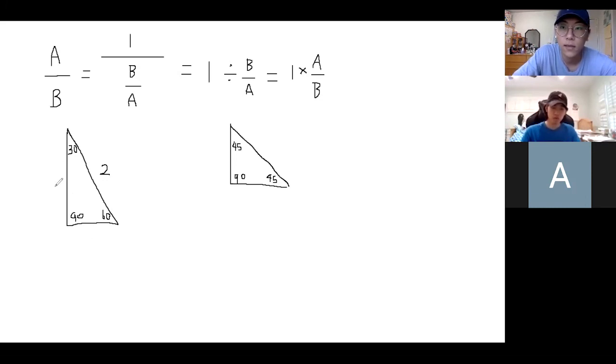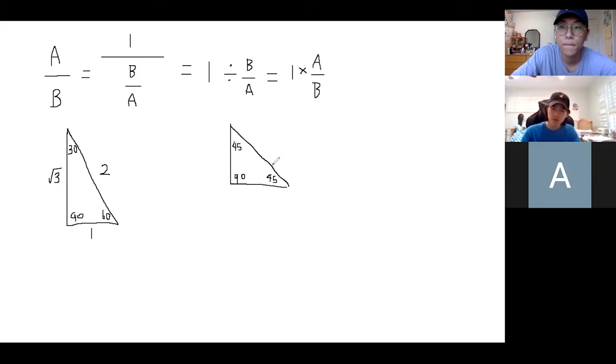No, 1 and then radical 3. Which one is 1 and which one is radical 3? 1 is on the shorter side. And radical 3 is on the other. Good. Okay, how about the 45, 45, 90 triangle?